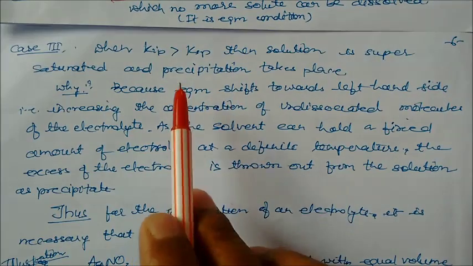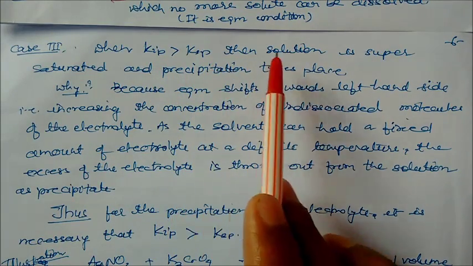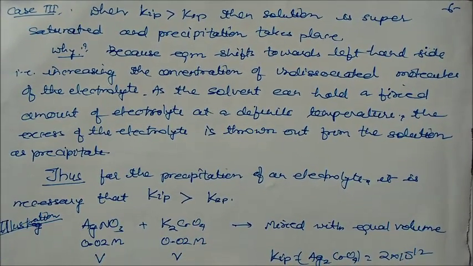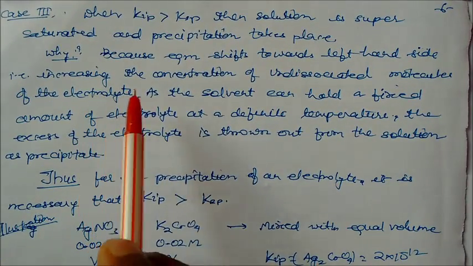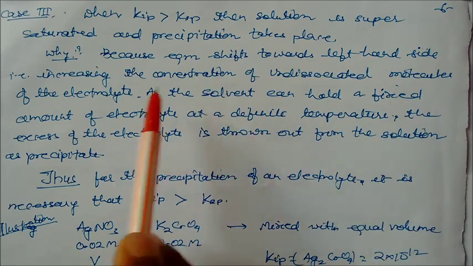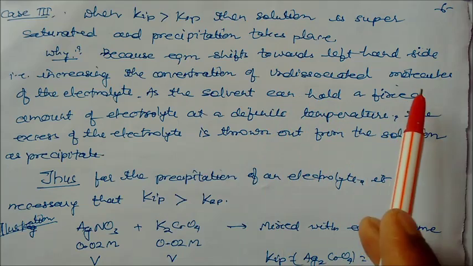When the ionic product is greater than the KSP, the solution becomes supersaturated, and precipitation will take place. This has very big applications. Why? Because at this time the equilibrium shifts towards the left-hand side, increasing the concentration of undissociated molecules of the electrolyte.